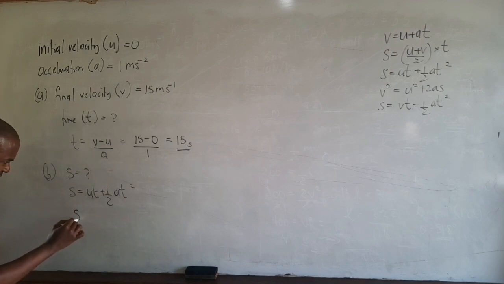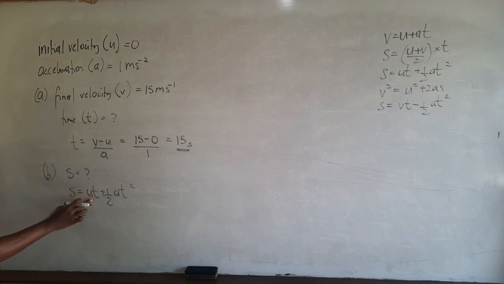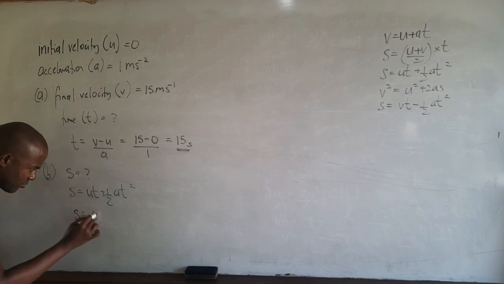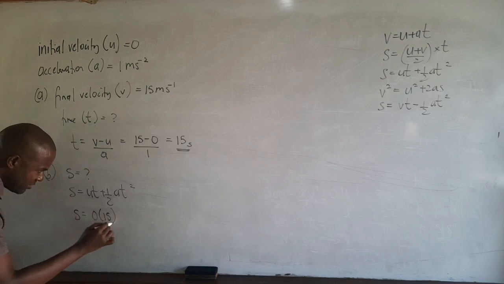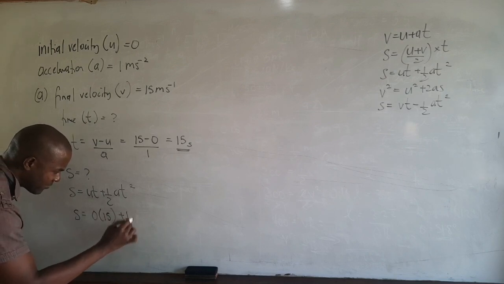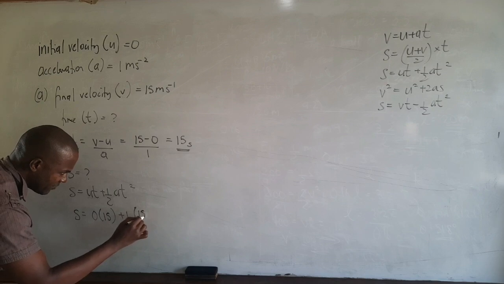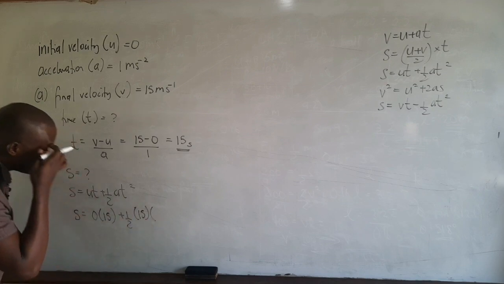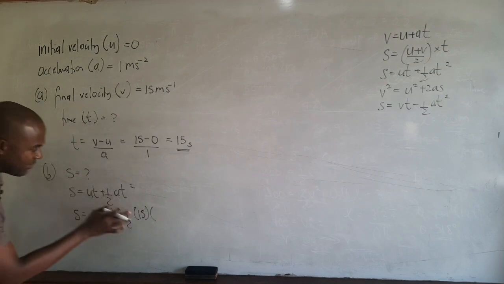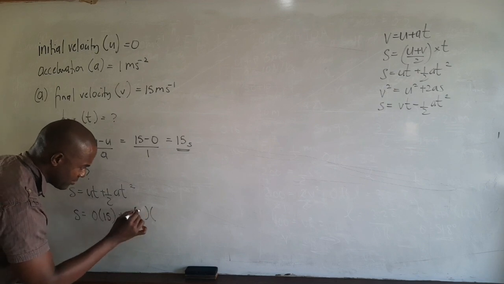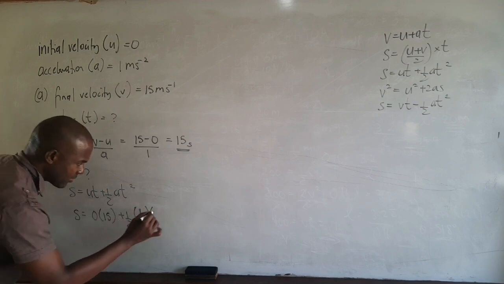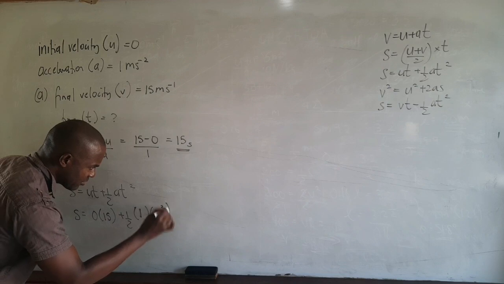Now the initial velocity is equal to 0. So 0 times anything gives us 0. But let's just substitute the values. This is 0 times 15 plus a half times 1, acceleration is 1, times t, which is 15 squared.